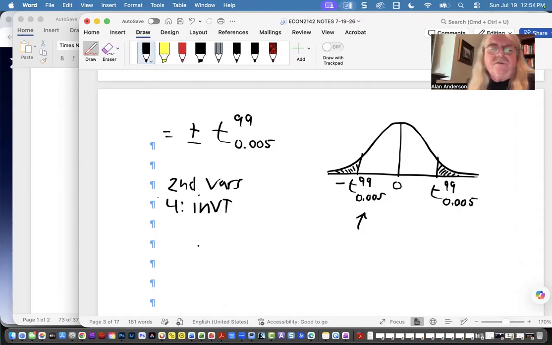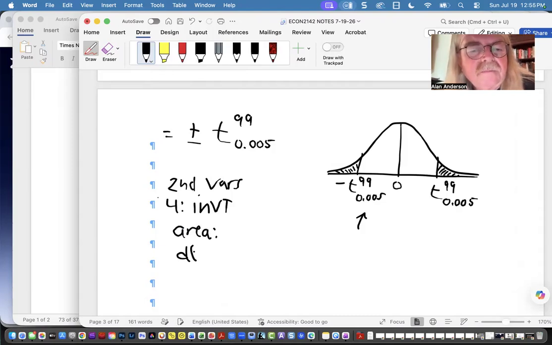And again, it'll ask you for two things, which are the area and the degrees of freedom. The area is everything to the left. Degrees of freedom here is 99, n minus 1.